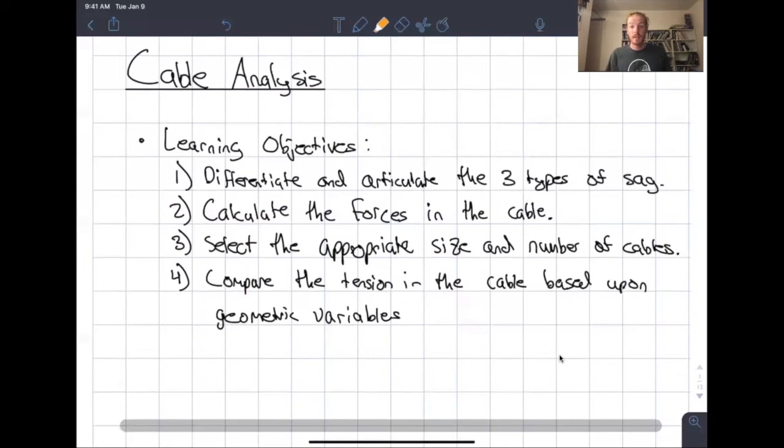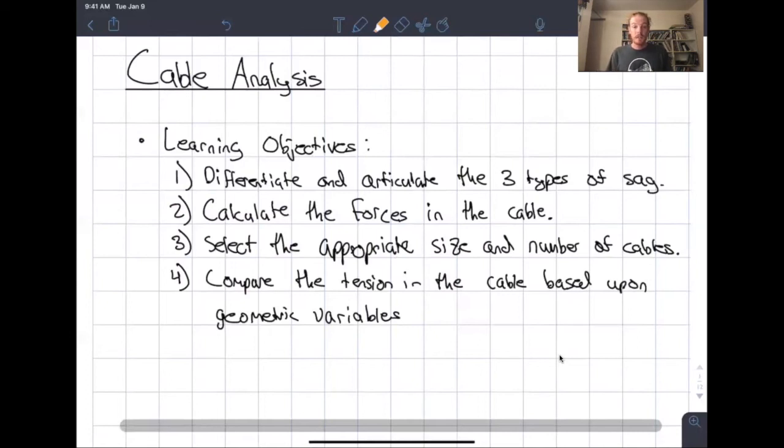So there was hoisting sag, dead load sag, and the third one was live load sag. And you should be able to explain those, and I suggest, to really capture or summarize your understanding of it, sketch it out, and write down the equations. Try to do it from your head, but feel free to look at your notes as well. But go through that exercise.